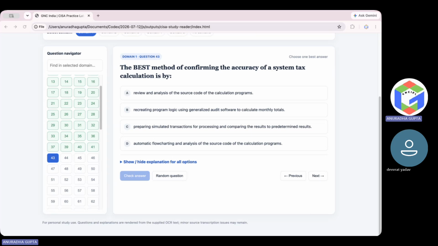If we go for reviewing and analysis of the source code of the calculation program, what do you think? Why would this not be the best solution? Just a source code review, how can we consider it? Code is fine, but calculation is asked.